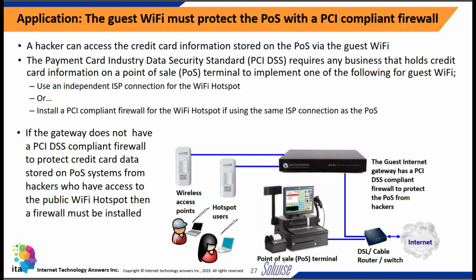A lot of devices are compromised with a Trojan virus, and so somebody sitting in China is going to have access to that point of sale once the guest connects. And so we need to install a firewall. And so a gateway product, a Wi-Fi gateway product, will have this firewall that blocks access to our point of sale terminal.